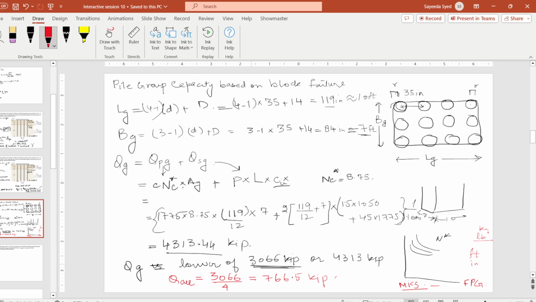The pile is octagonal in shape. Diameter is given. Skin resistance carries. Okay.